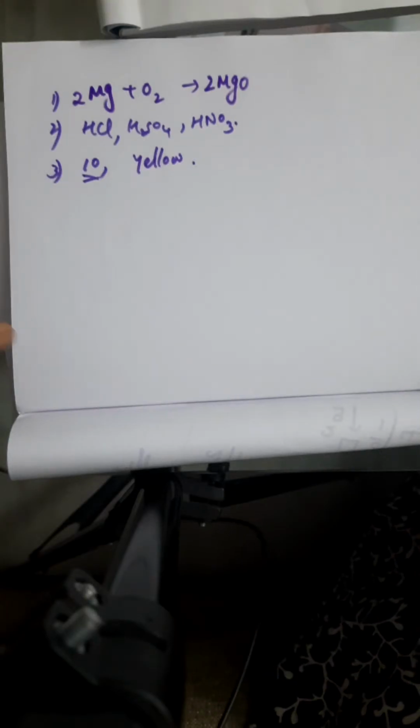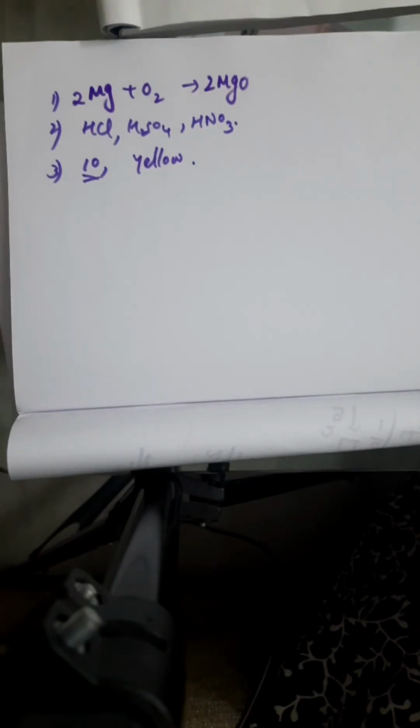Now the next question. So here the fourth question is given. Propose a method to extract a highly reactive metal from its ore. So here, electrolytic refining. A highly reactive metal can be extracted by electrolytic refining. If you recall the electrolysis process, I explained that you need to remember electrodes, anode, cathode, and about anode mud.